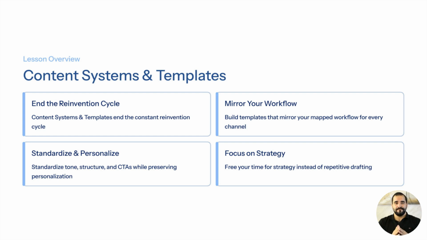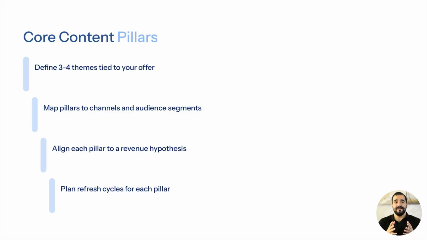Core content pillars act like the backbone of your messaging, giving your ideas structure instead of letting them float around randomly. Start by defining 3 or 4 themes that genuinely connect to your offer. Then map each one to the channels and audience segments where it naturally fits.